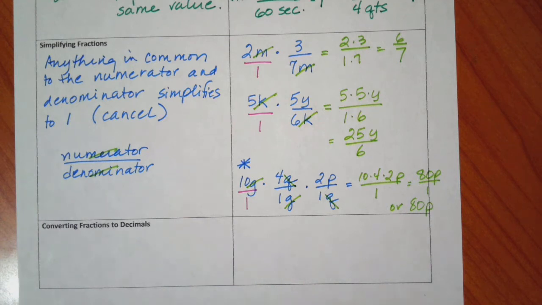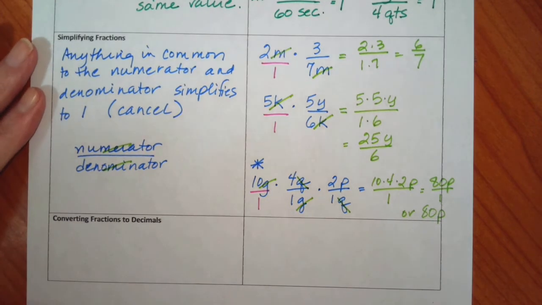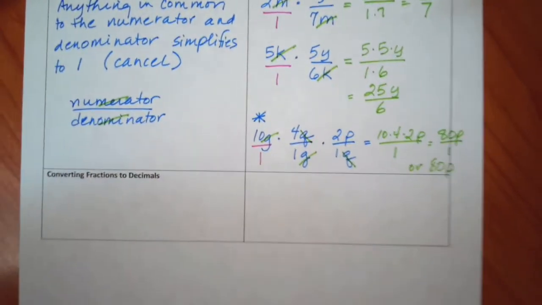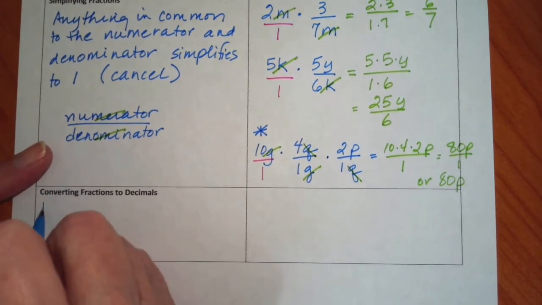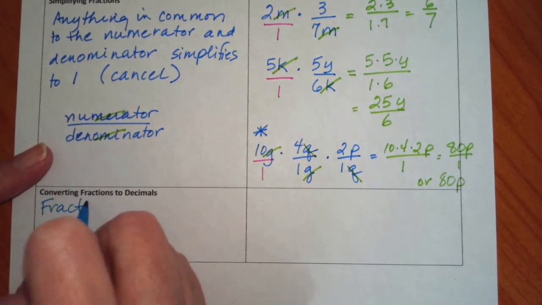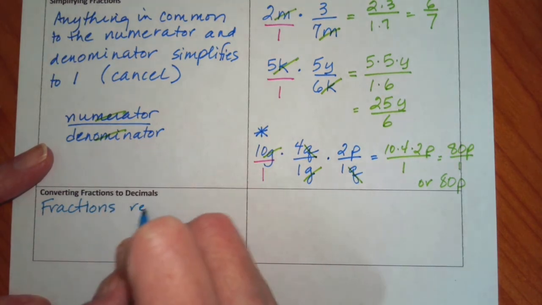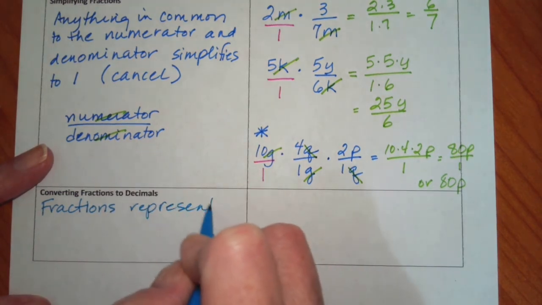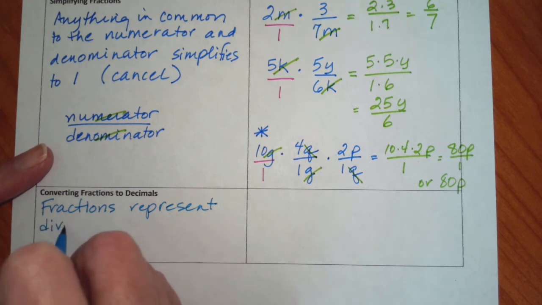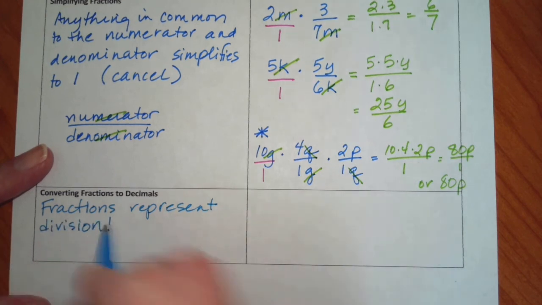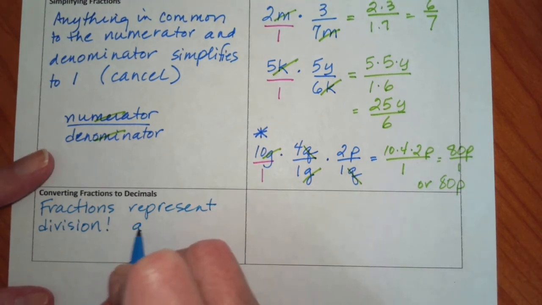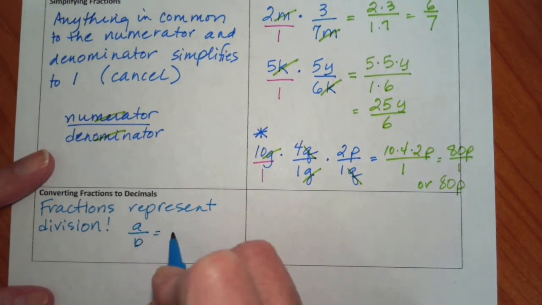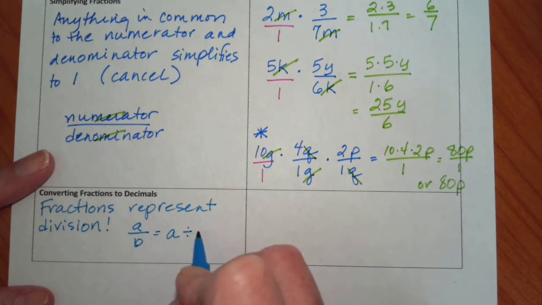And then finally, our last thing that we're going to do is convert fractions to decimals. And you're going to have to learn how to do this on your calculator. And remember that a fraction represents division. If you have a over b, that is the same as a divided by b.